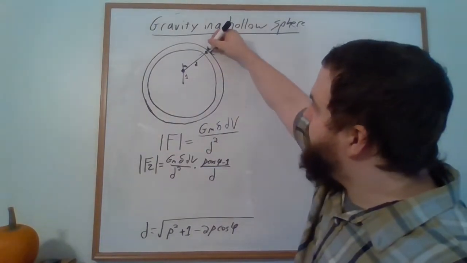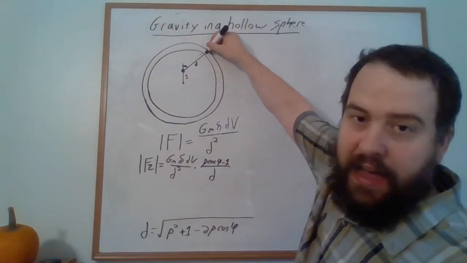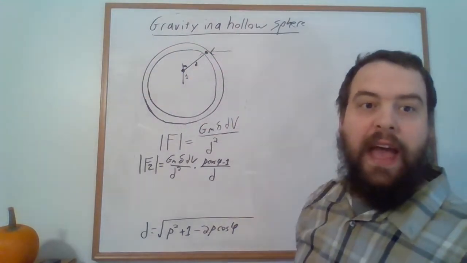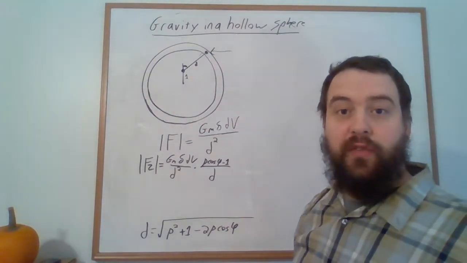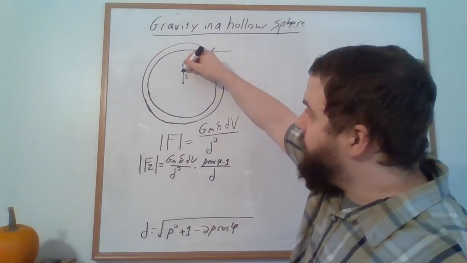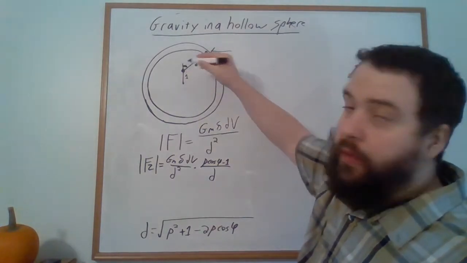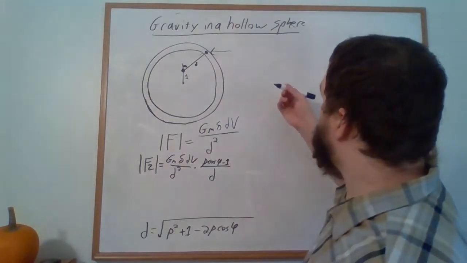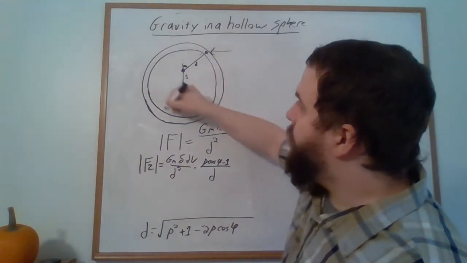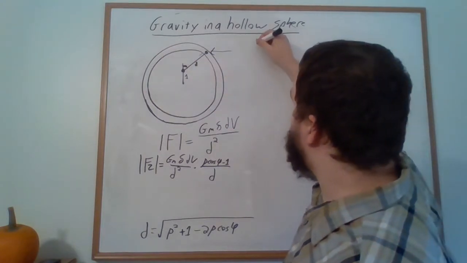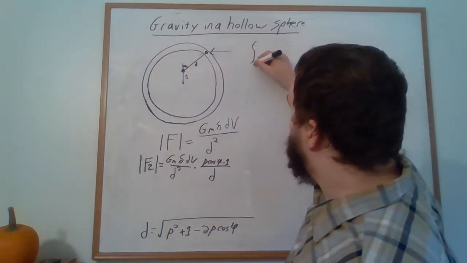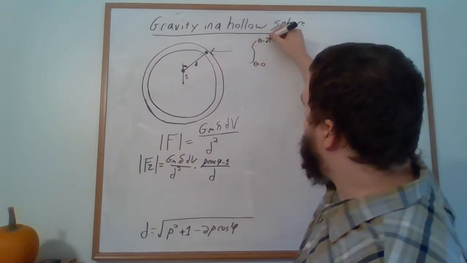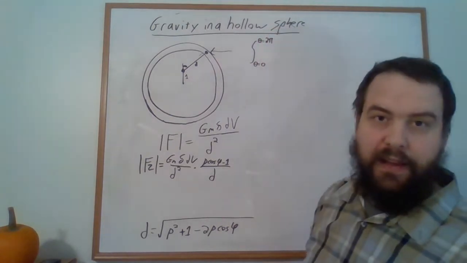So we are interested in adding up all of these tiny pieces of matter that make up this spherical shell and the force of gravity that they contribute to this particular point here. So what we need to do is integrate, again, over this spherical shell. That's going to be the integral from theta equals 0 to theta equals 2 pi. Those are the bounds of theta.